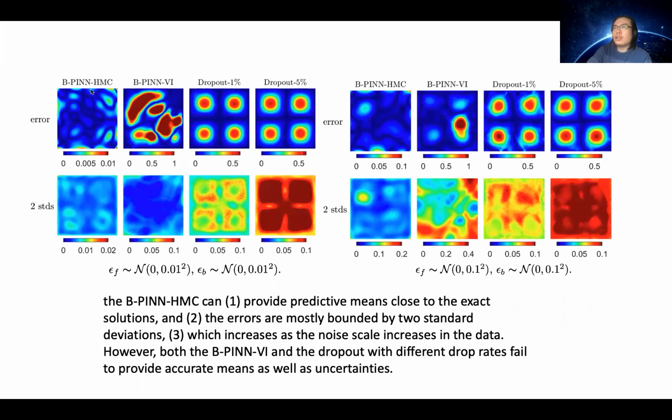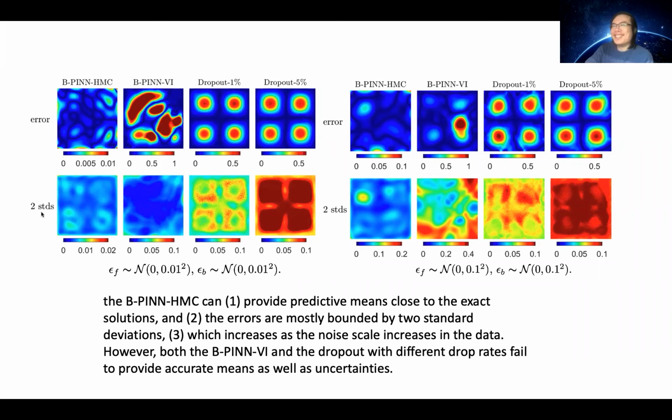The left part is the 1% noise, and the right-hand side is 10% noise. For the first case, if you use HMC, we can see that the error is very small.